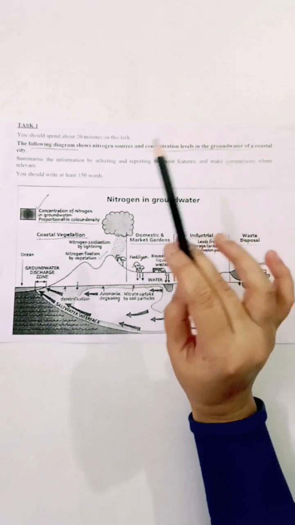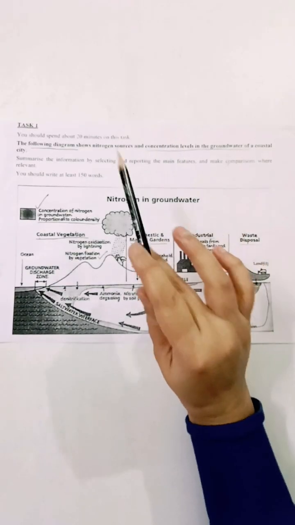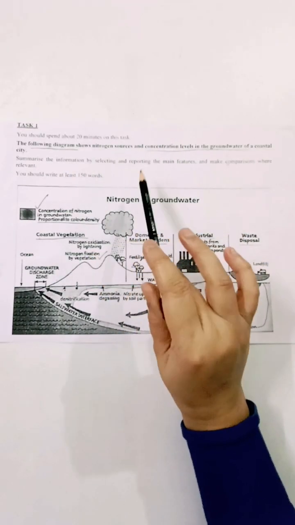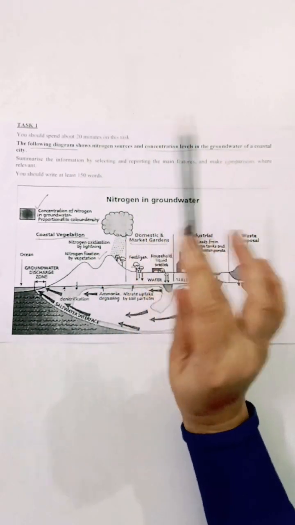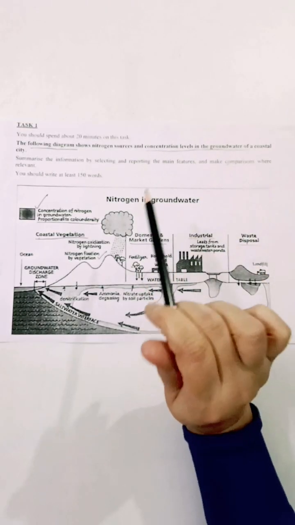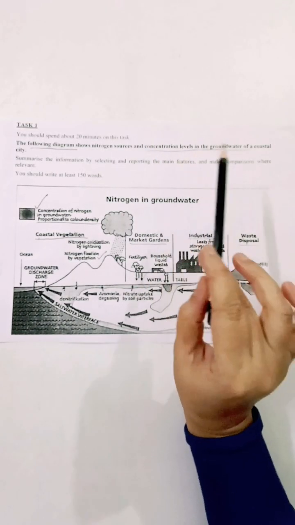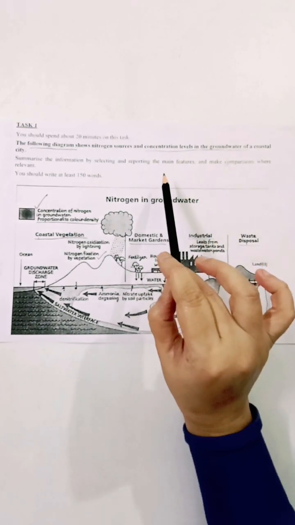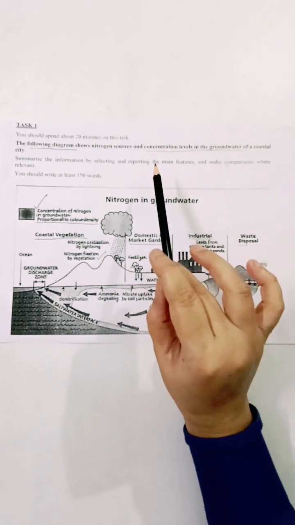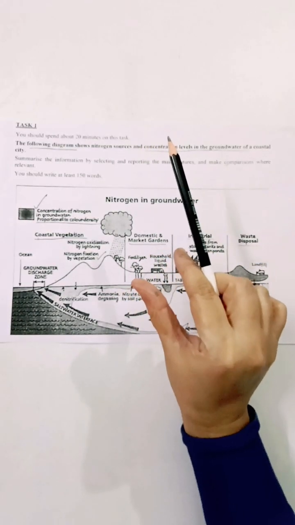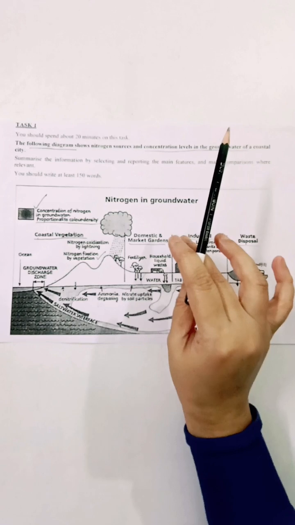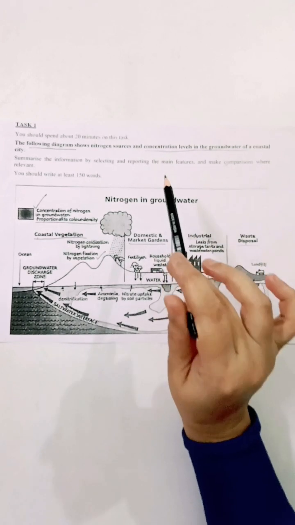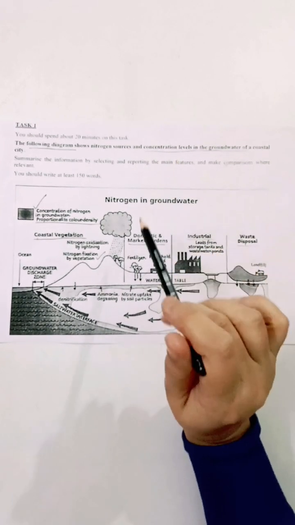So I'm telling you the tricks that you will be writing. The given picture depicts the cycle flow of nitrogen in terms of its levels of concentration, along with, using the linking words, the sources of nitrogen, particularly in a coastal area.